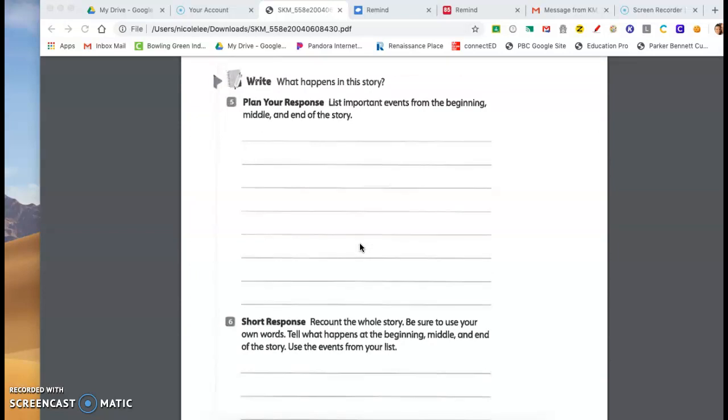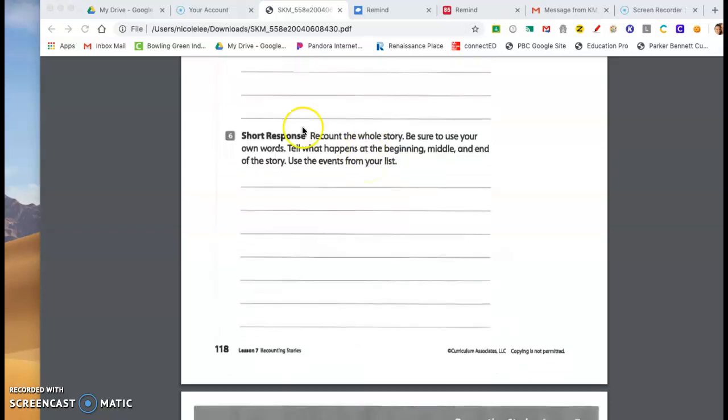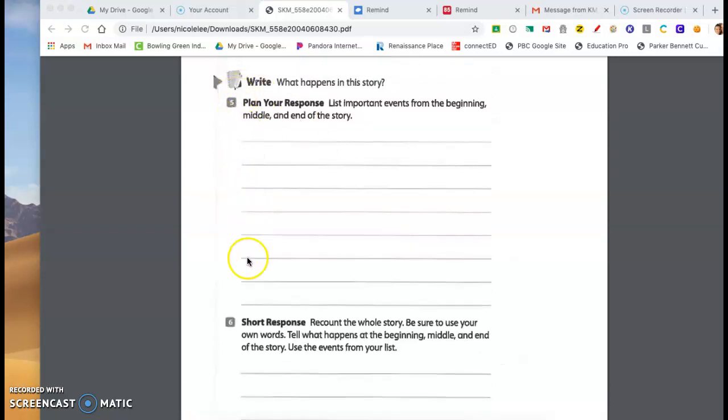What happens in this story? And it says to list the important events from the beginning, the middle, and the end of the story. So you're just retelling the story in your own words, discussing the most important parts from the beginning, the middle, and the end. And you have another short answer response here telling you to recount the story. Okay, here it wants you just to list.